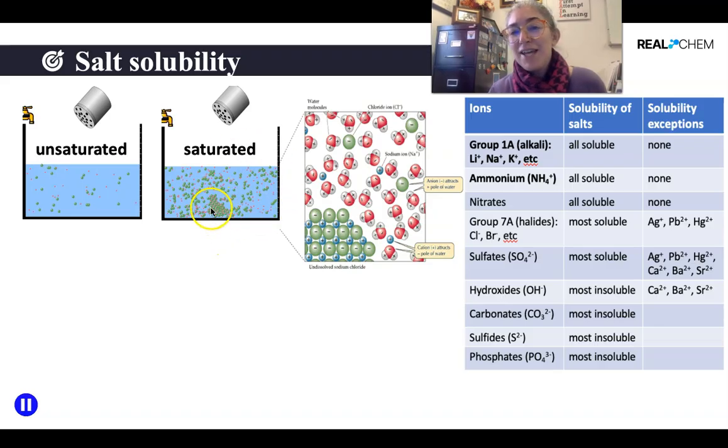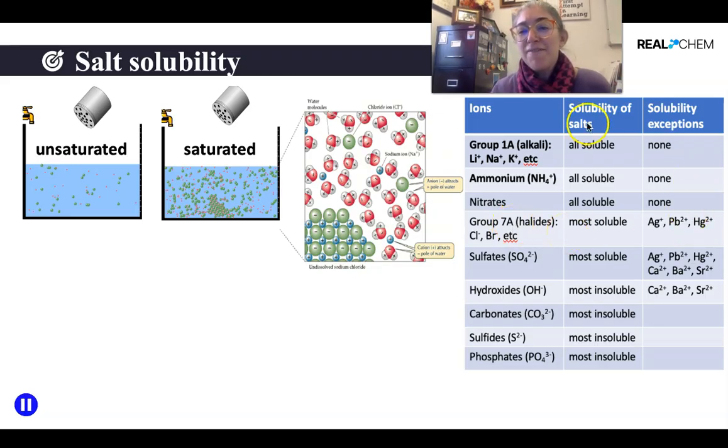Once it is saturated, you start seeing solid precipitate build up, because no more can dissolve. Well, technically what's happening is a dynamic equilibrium. Ions are dissolving and being surrounded by water molecules, but then some of them are precipitating out, and they're doing that at the same rate. So you just can't get it to dissolve anymore because there's a maximum amount of ions already dissolved in solution.